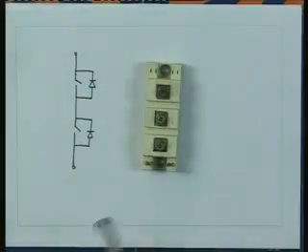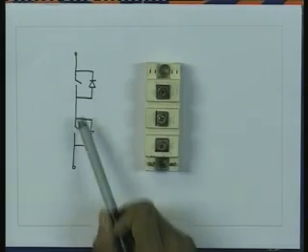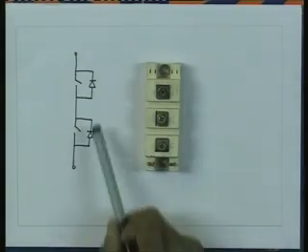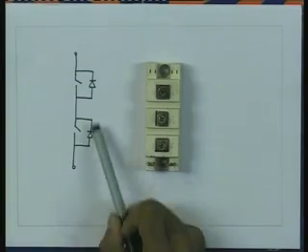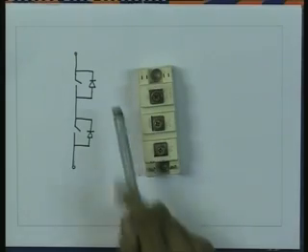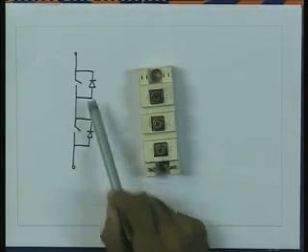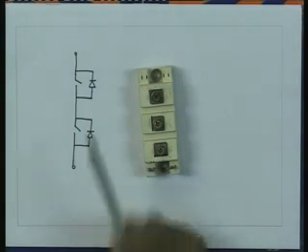See, yesterday I showed you this power module. I said there are two control switches, whose names I will tell you sometime later, and in parallel there are two diodes. These are the two diodes this module has. The current rating of each diode is 75 amperes, and it can block 1200 volts.